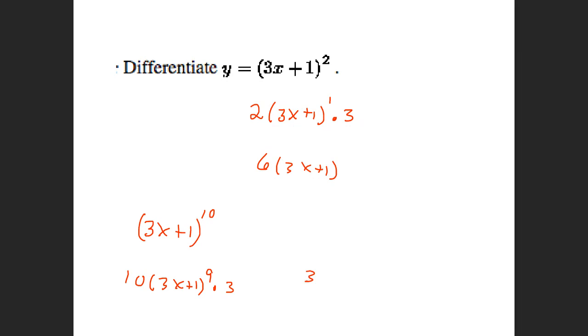So my answer would be 30 times 3x plus 1 to the 9th power. That is the chain rule. And so many kids just take the derivative and leave the middle alone, and they don't take the derivative of it, which is totally incorrect. It does not work that way.